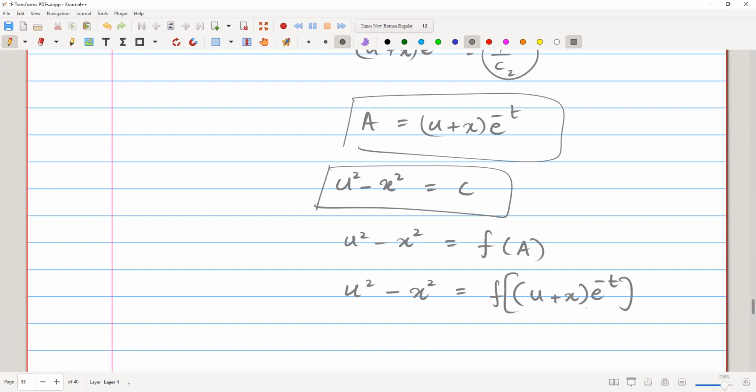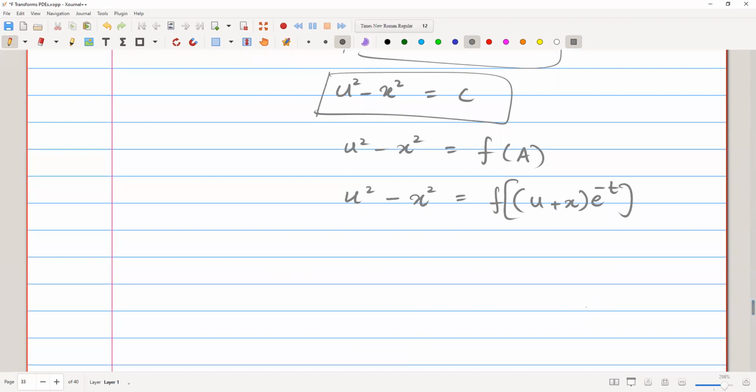And we have the initial conditions to solve this problem. The initial condition in this case is given as u of x comma 0 equals 1. So we can just plug 1 in place of u minus x, and this will be f of u plus x, which means 1 plus x times e to the power 0 as t is 0.